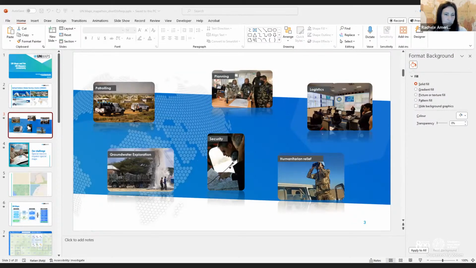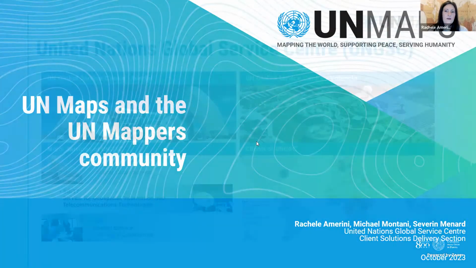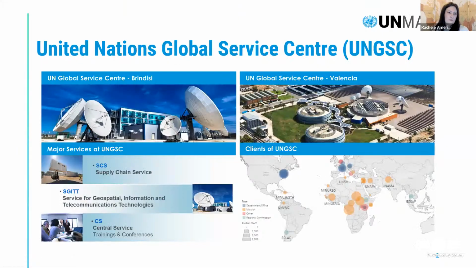As we were mentioning, I'm Rachele Amerini. I have a bachelor degree in geography from the University of Padua, and I'm really proud to be a geographer. Sometimes we don't know how geographers work and what they do, but today we will see a practical example of that.